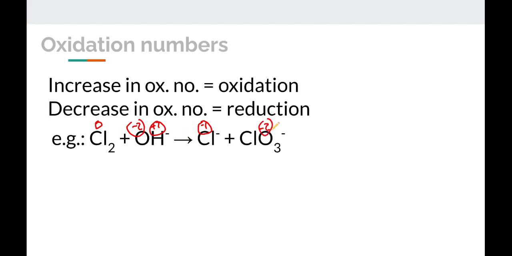Oxygen's -2. -2 3 times is -6. To get to -1, the charge on the ion, chlorine must be +5. So chlorine both oxidized from 0 to +5 and reduced from 0 to -1.